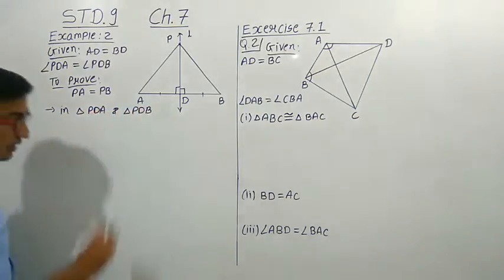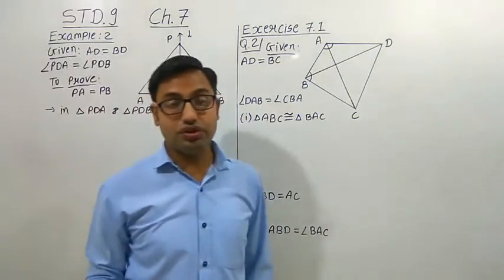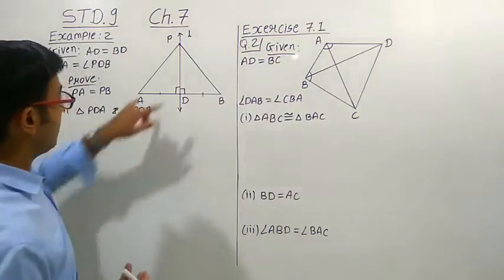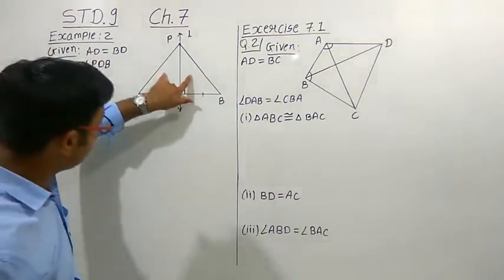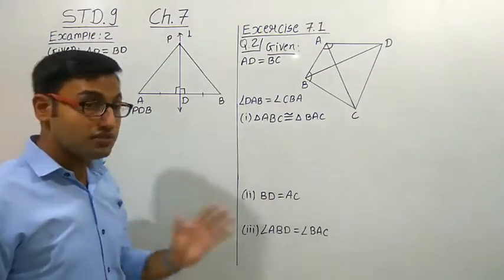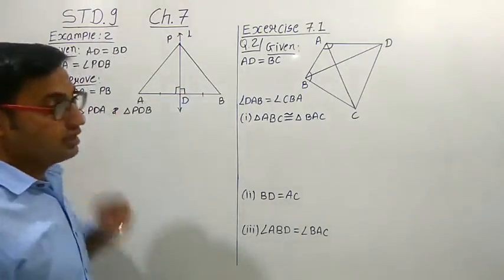Now think about the three conditions by which we can prove that both triangles are congruent. Why? If we can prove that both triangles are congruent, then we can prove that PA and PB are equal.